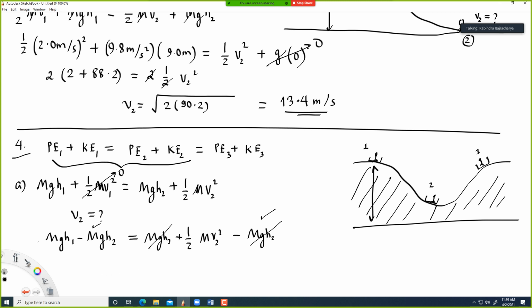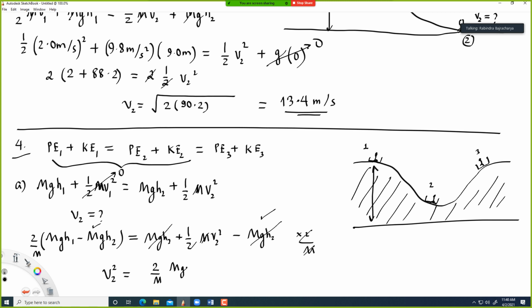Then multiply both sides by 2, and also divide both sides by m to get rid of that m. So V2 squared would be 2 over m times, I have m and g common on both the terms, so I can pull out m and g.